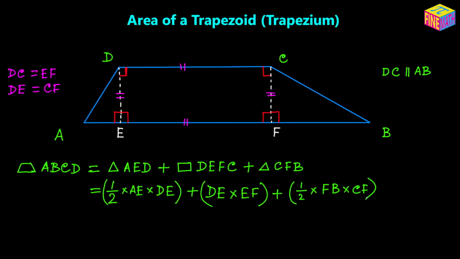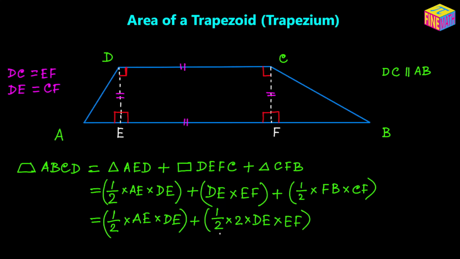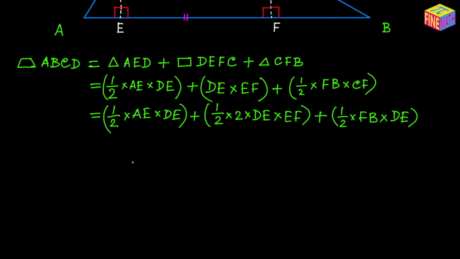Now we can write it as half of AE times DE, plus half of 2 times DE times EF. I'm just forcefully introducing a half there and then multiplying by 2, so that becomes 1 again. Plus half of FB times, in place of CF, we can write DE, because we know that DE is equal to CF. Now let's proceed with the calculation again.